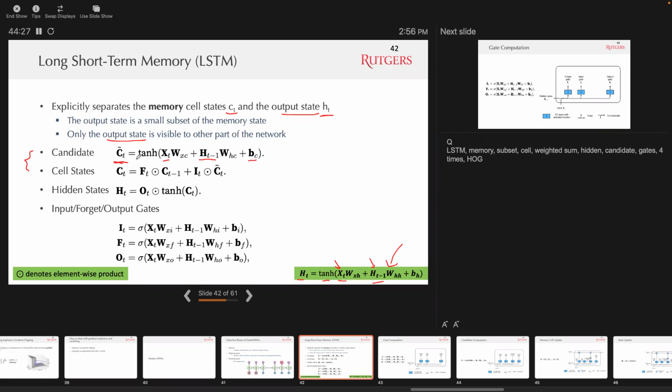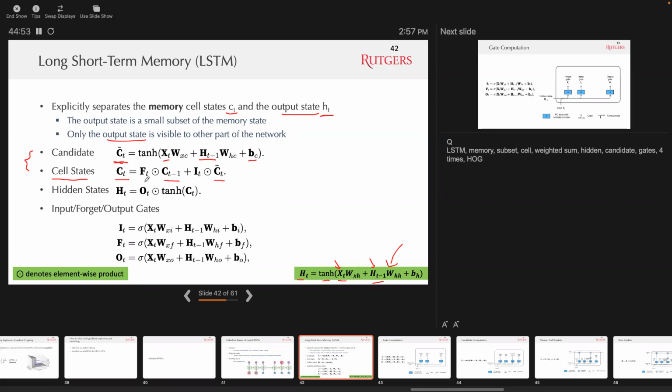After computing this candidate cell state, we're going to compute the final cell state at the same time step. The final cell state is a weighted sum of two things: the previous cell state, C_{t-1}, and the newest candidate cell state.